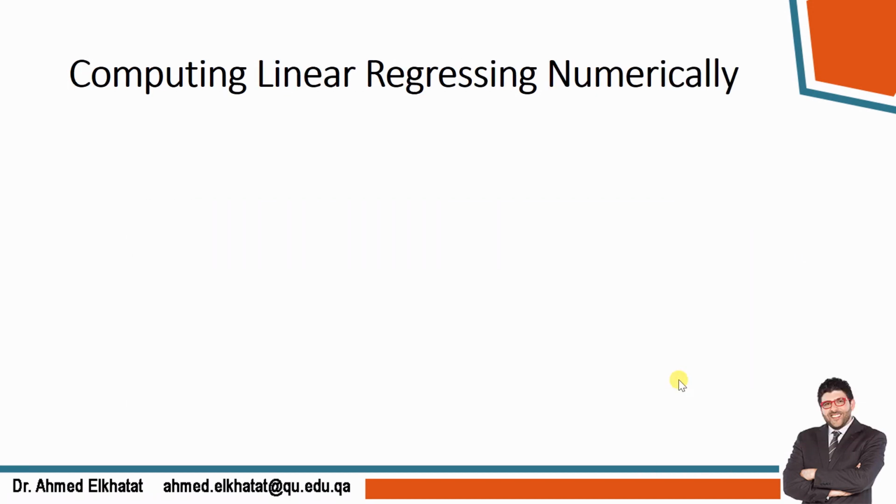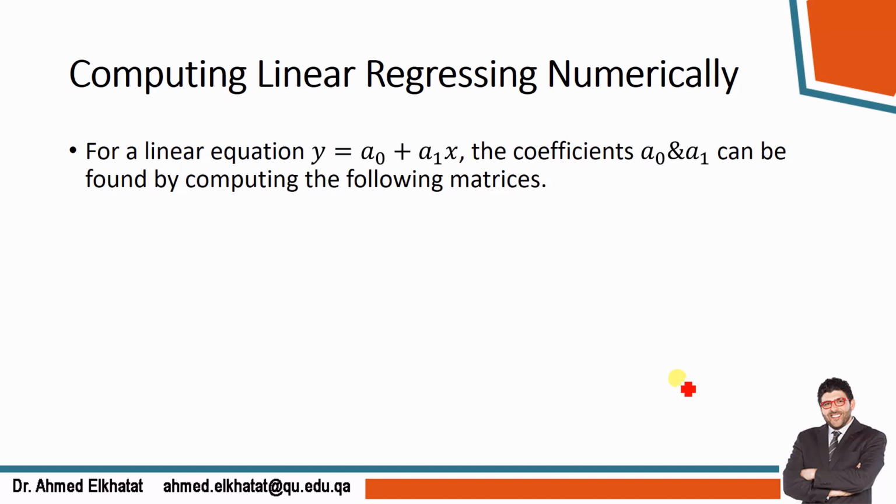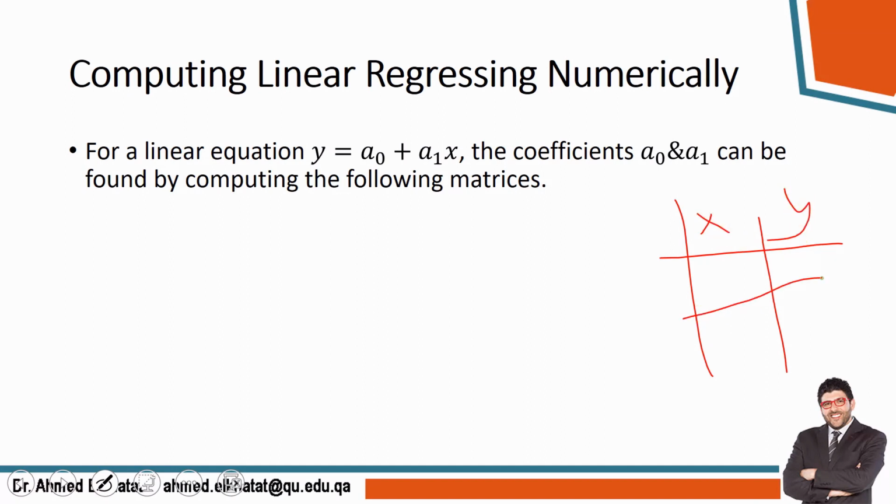Okay, numerically. Now suppose that you have a set of data x and y, and you have n data points 1, 2, 3, 4 until n, and you want to find the correlation. This is the independent and this is the dependent one, and you want to find a correlation between them using this equation. In order to do this, you can apply the following matrix.